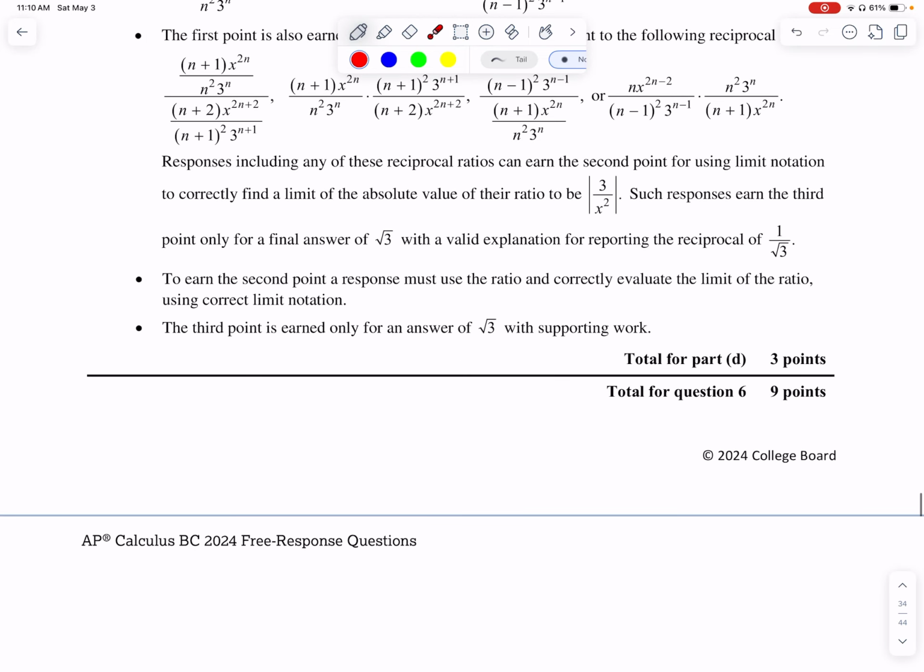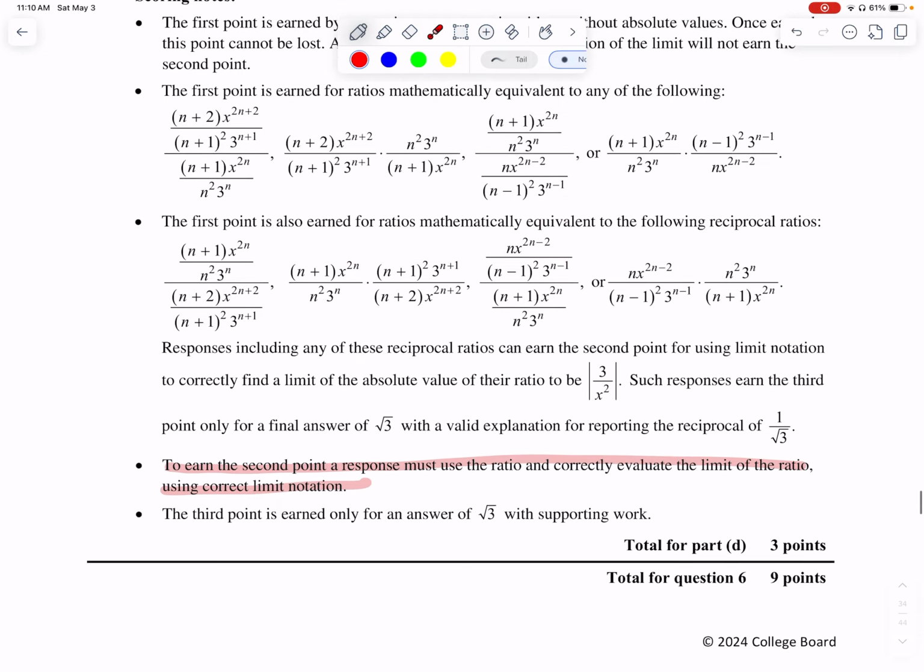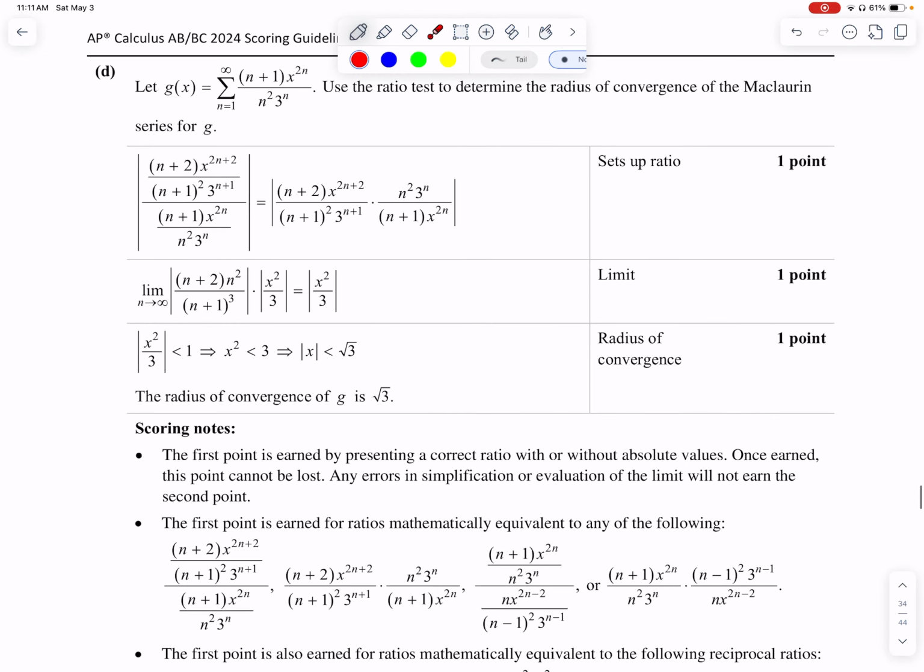Okay. To earn the second point, a response must use the ratio and correctly evaluate the limit of ratios using correct limit notation. So don't be lazy and not put your limit there. And the third point is earned only for an answer of the square root of 3 with supporting work.